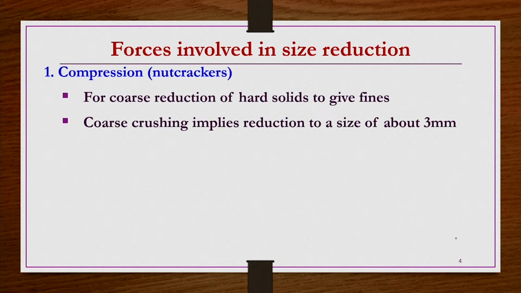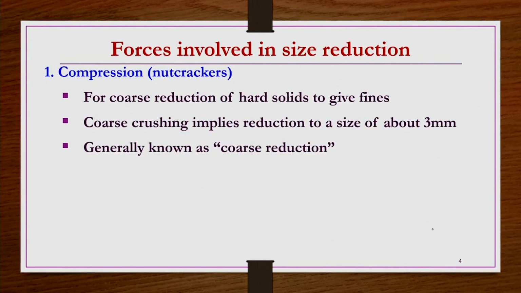Please be noted that whatever force we apply, whether the compression or the hammering and then attrition or the cutting forces that we are going to see, one particular force will not give only one type of particle, that is coarse particles or medium particles or fine particles. It is possible that when you apply one particular kind of force, all three types, coarse, medium and fine particles, may be obtained as product.